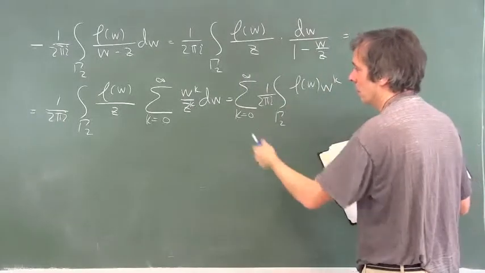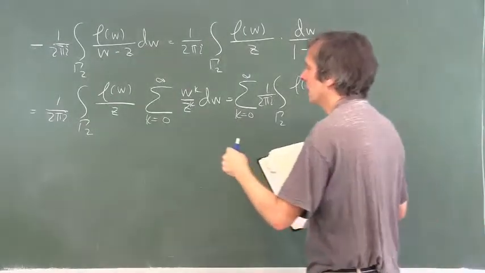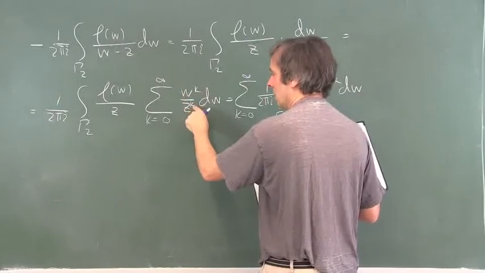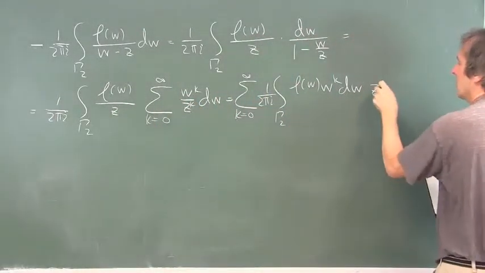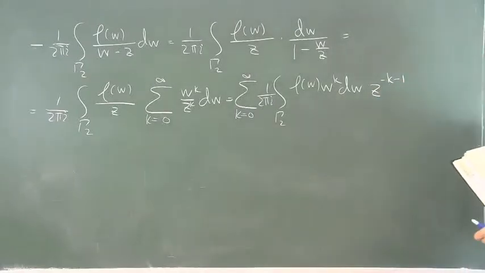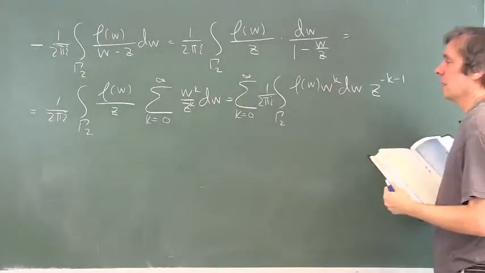So the w will now be in the numerator, and then dw, and then we'll get this factor z, 1 over z to the power k, and an extra factor from here. So we can write this as z to the power minus k minus 1. So this is the second part then.